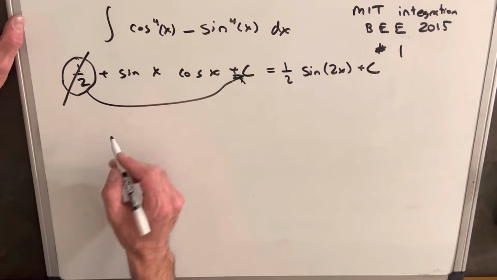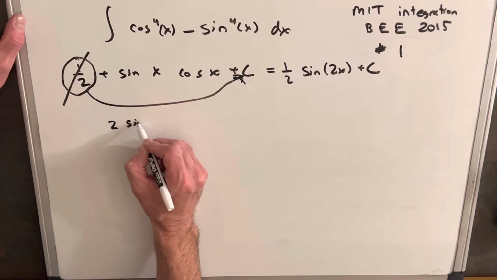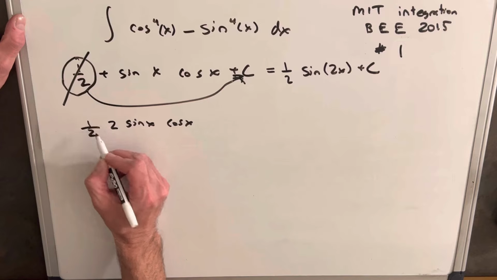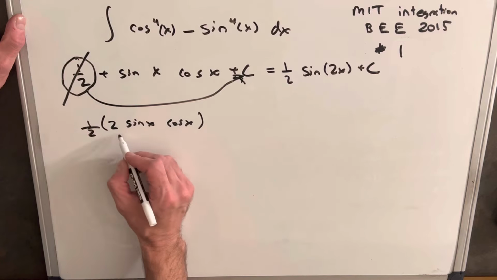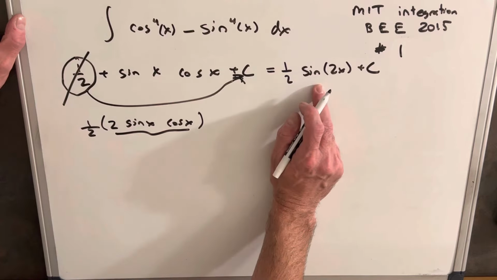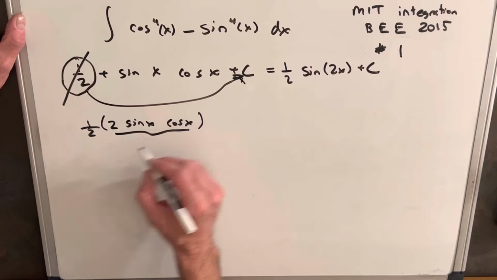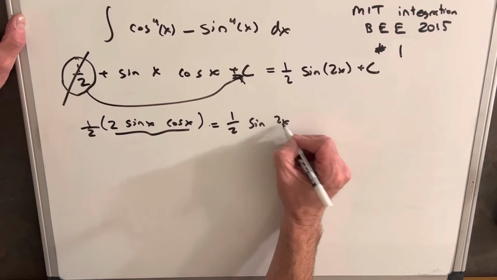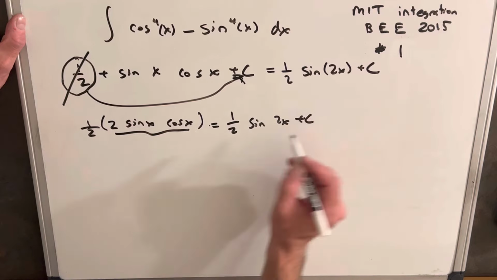Then let's rewrite this as 2 times sine x cosine x with a half in front. But there we have the identity that 2 sine x cosine x is just sine 2x. So we'll rewrite this as half sine 2x plus c.